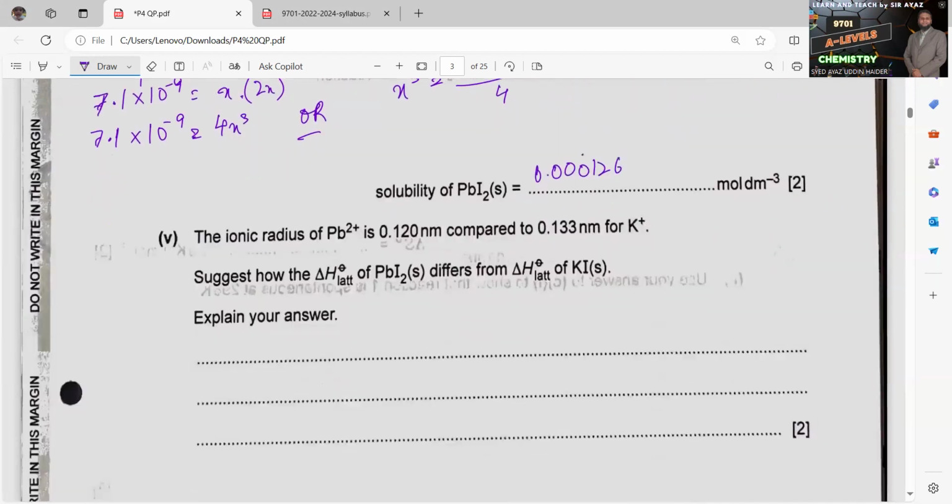Moving to next question, the ionic radius of Pb2+ is 0.120 nanometer compared to 0.133 nanometer for K+. Suggest how the delta H lattice of PbI2 differs from delta H lattice of KI solid. Explain your answer. You can refer to charge or ionic radius.